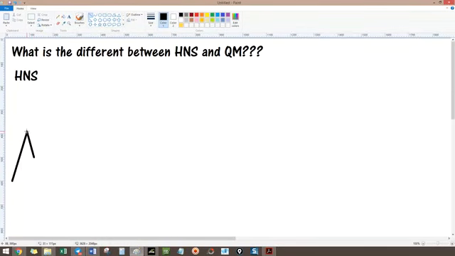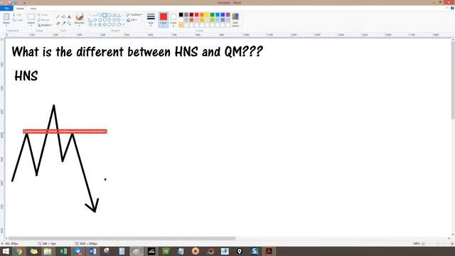1, 2, and 3. Oh, it's too small. 2 and a 3 and a retest here, and then something like that. 2, 1, 2. All right. So your entry will be here at this right shoulder, left shoulder.